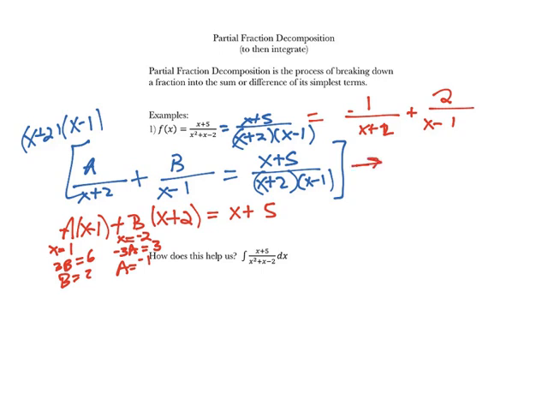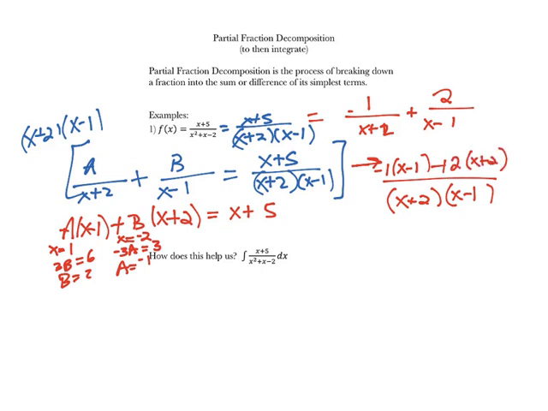And if you don't believe me, let's get a common denominator and do that fraction. So I'd have x plus 2 times x minus 1. The first term would be missing the x minus 1, so it would be negative 1 times x minus 1. The second term would be missing the x plus 2.